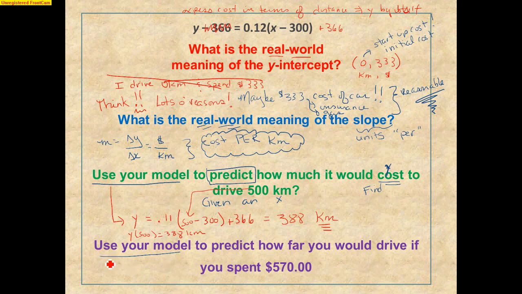Use your model, Y equals 0.11 X minus 300 plus 366, to predict how far you would drive. How far you would drive, that's kilometers, which is an X, if you spent $570. That's a Y in dollars.